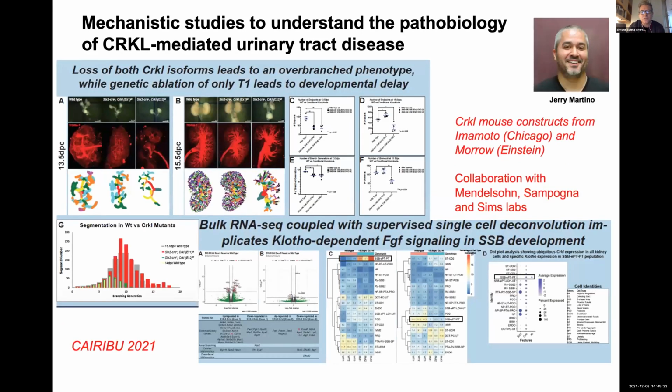But eventually we have to go back to the mouse, and this is what the genetic discovery and the characterization by zebrafish brought us to: the analysis of CRKL for the DiGeorge locus syndrome. You must have seen the poster presented by Jerry Martino from my group. We obtained a mouse construct from Akira Yamamoto in Chicago and Bernice Moore at Einstein.